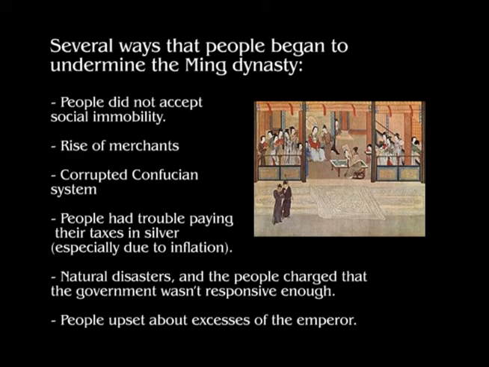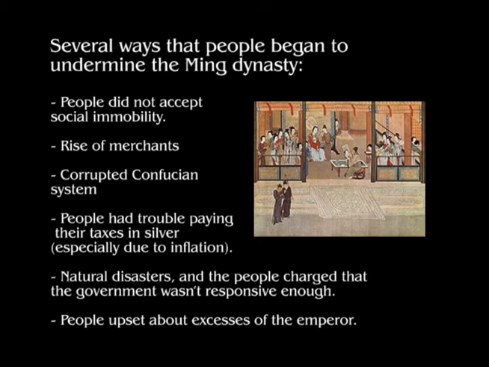We've got a series of natural disasters. The best known one is an earthquake in 1556 that killed an estimated 830,000 people. We also had war with Korea, so some of the tributary states tried to declare their independence or stop paying tribute, and the one with Korea was around 1600.